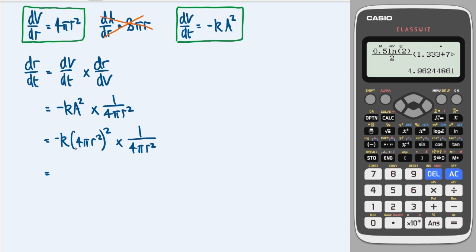Okay, so we've got a 4 pi r squared divided by a 4 pi r squared, so that cancels out at least one of them. So I get minus k 4 pi r squared, and that's it. Okay, great.